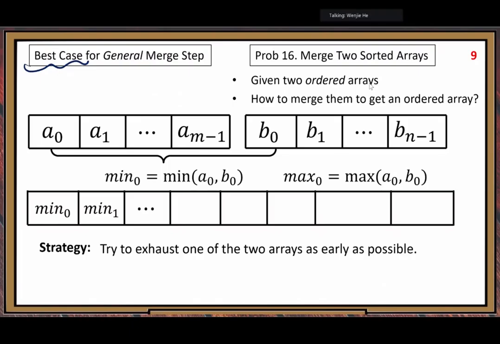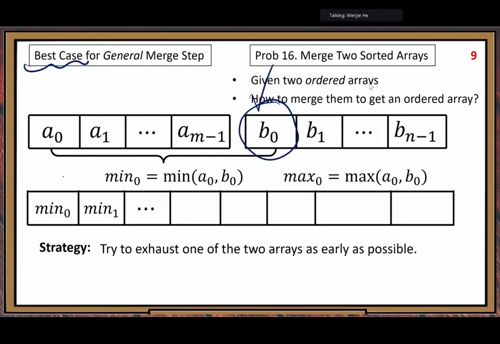Imagine the first element in one of the two subarrays is compared with the elements in the other ordered subarray, and this first one beats all the elements in the other subarray.